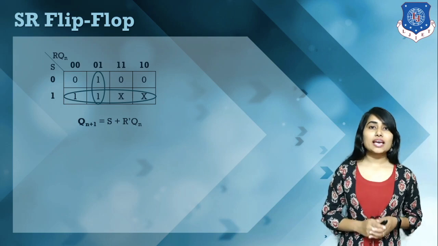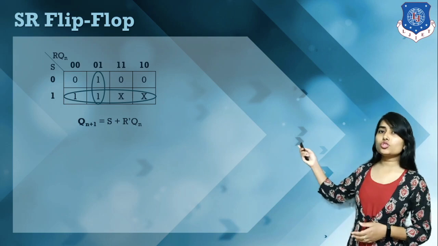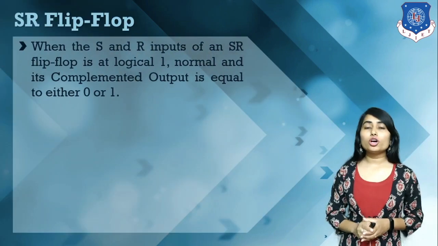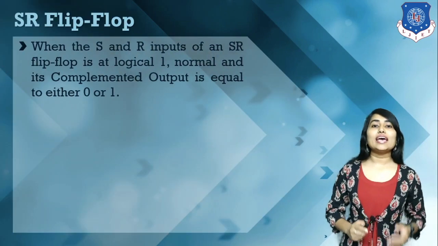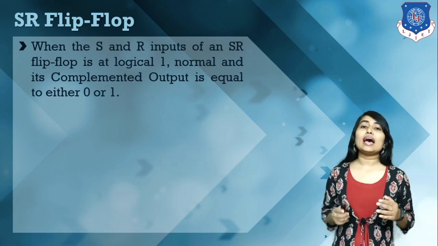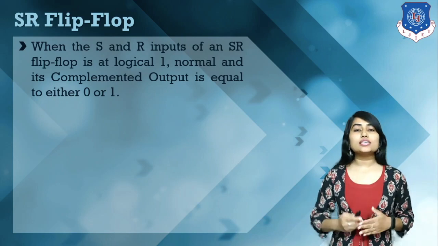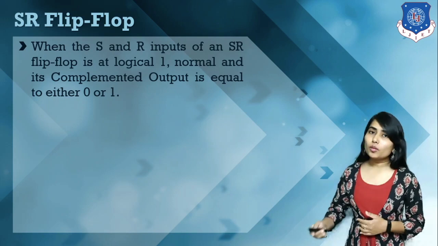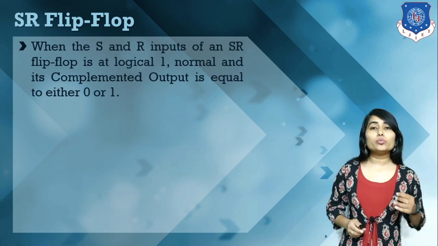Now in this SR flip-flop we have one problem, so let's discuss that problem. In an SR flip-flop, whenever both inputs S and R are equal to 1, 1 and we apply clock equal to 1, the normal output and its complemented output try to become 0.